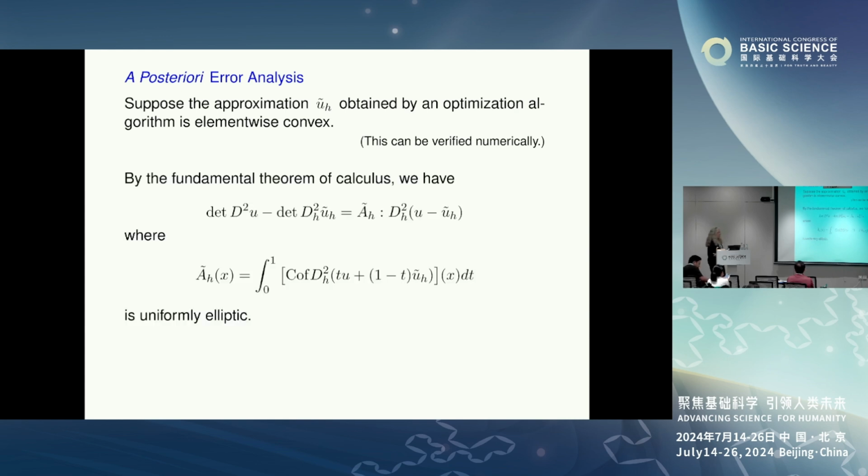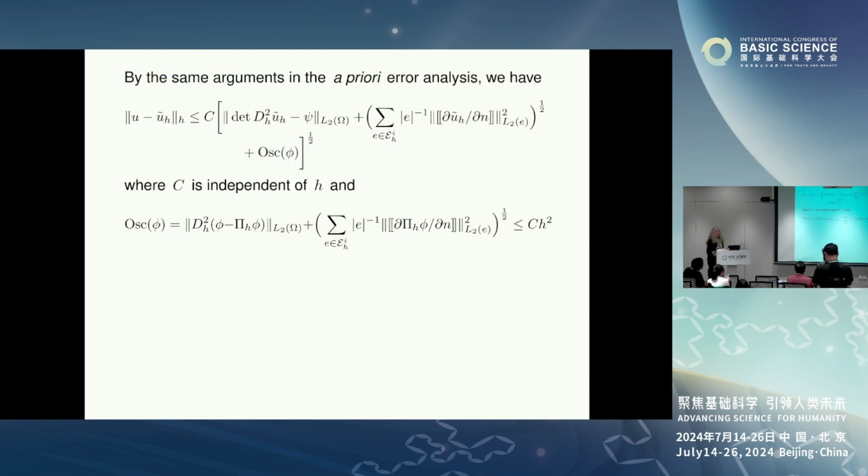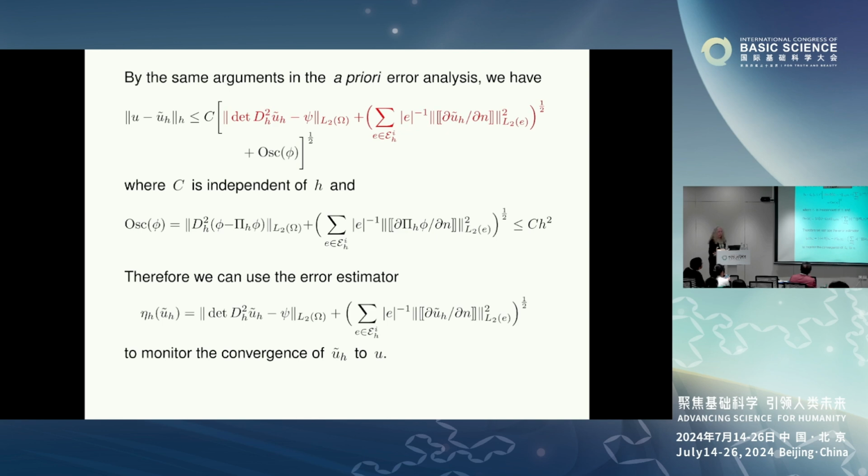Again, by the fundamental theorem of calculus, we have this relation where AH tilde is uniformly elliptic. And by the same arguments as in the a priori analysis, we have this estimate where the oscillation of phi is bounded by h squared. Therefore, we can use the error estimator A to h, defined by this formula, to monitor the convergence of UH tilde to U.